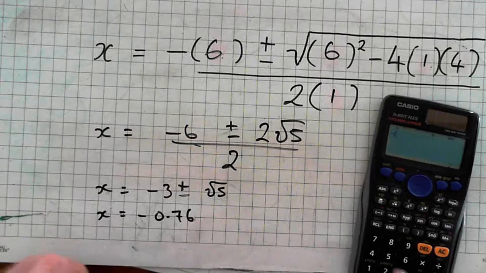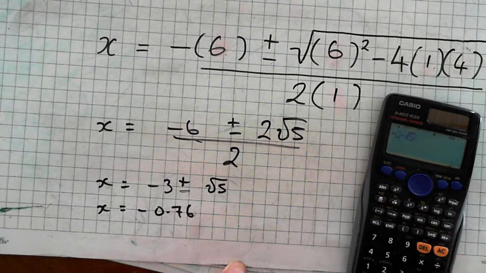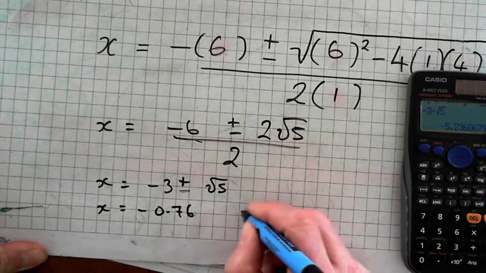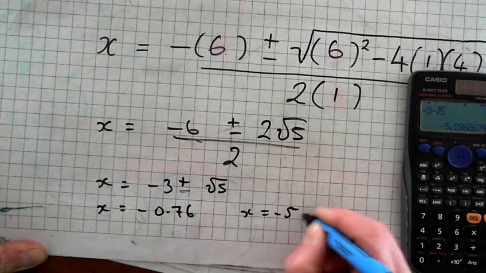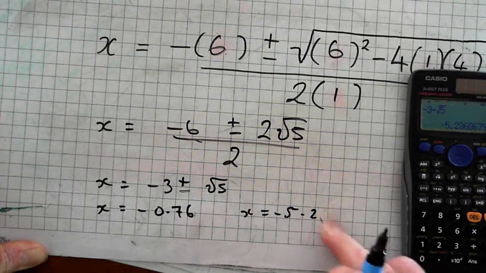And you get minus 3 minus root 5, minus 5.236. Alright, 2 decimal places, 5.24.